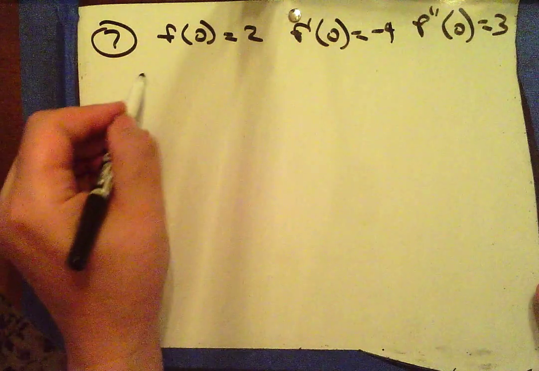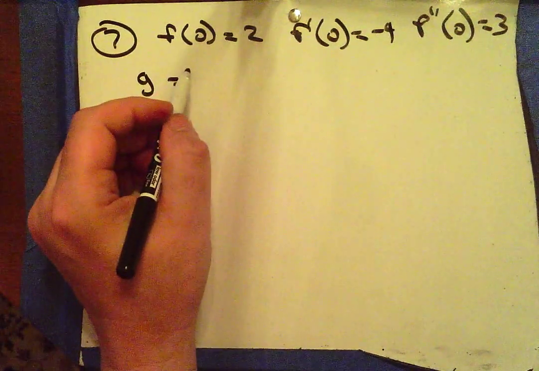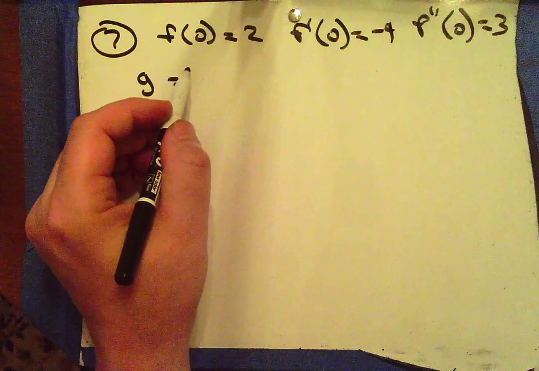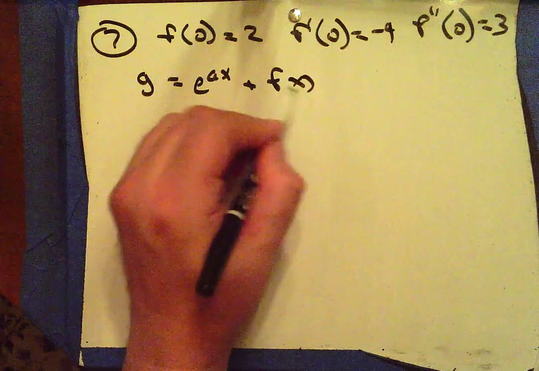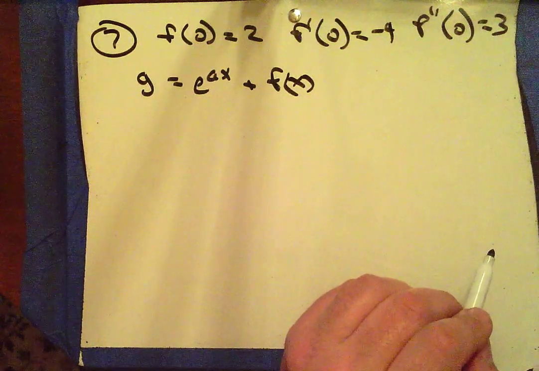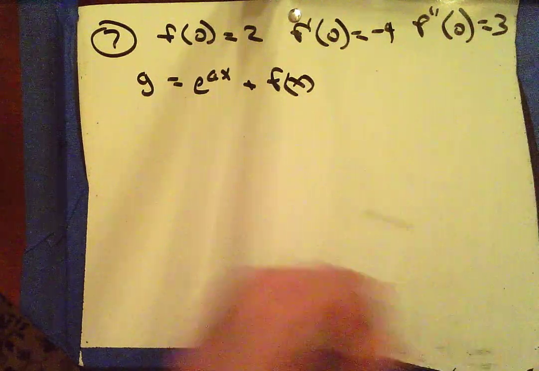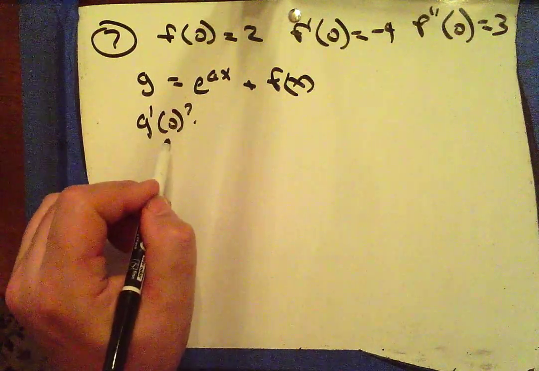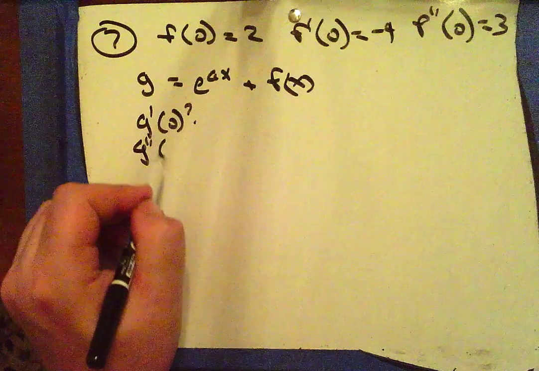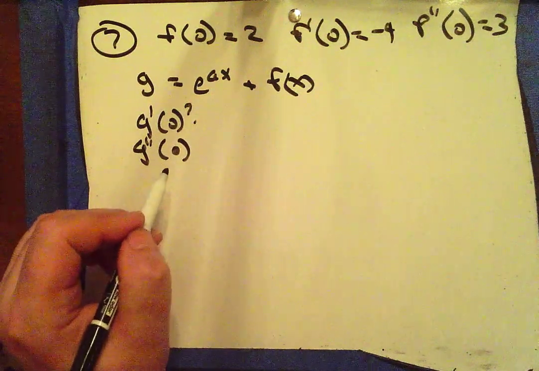G, a completely different function, is given by e to the ax plus f of x, for all real numbers where a is a constant. Find g prime of 0 and g double prime of 0 in terms of a.